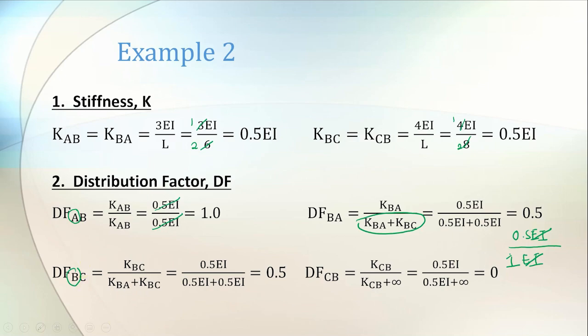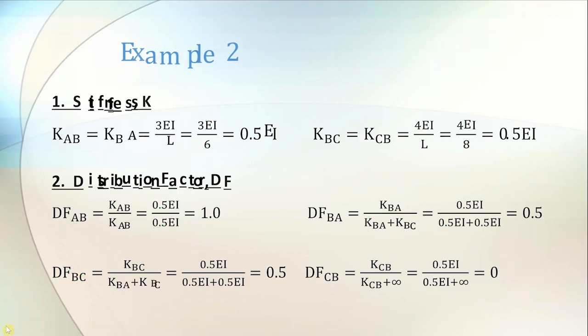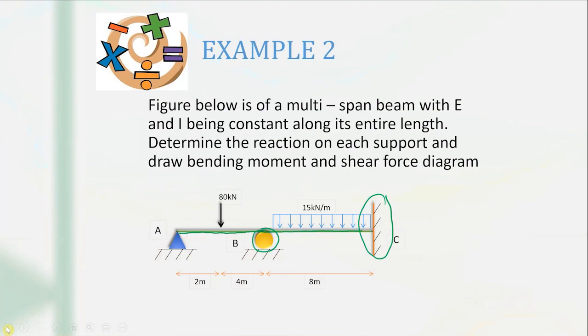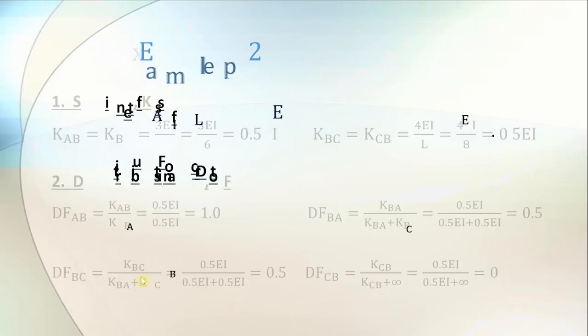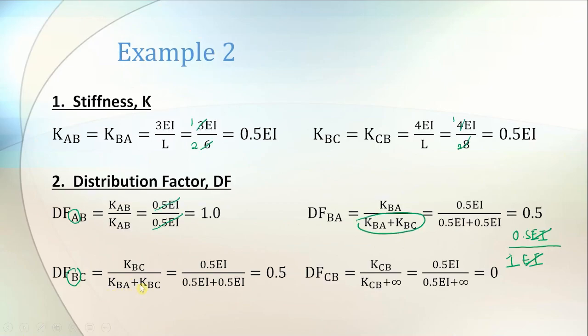Support dekat support B memang masih lagi ada beam B ke A dan B ke C. The total stiffness is KBA plus KBC. Just ambil 0.5 EI divide with 1. That's why you dapat 0.5 divide by 1. Then you will get 0.5 also.